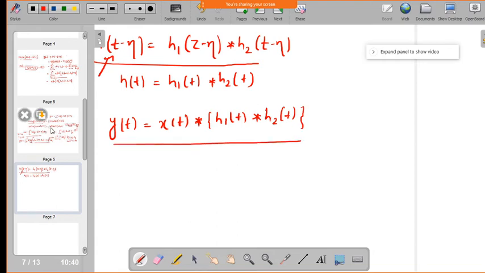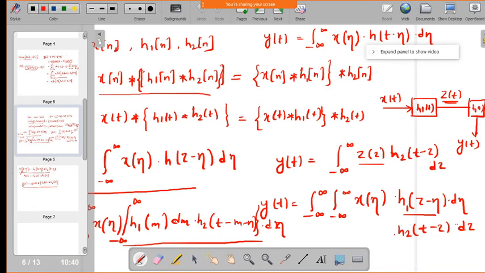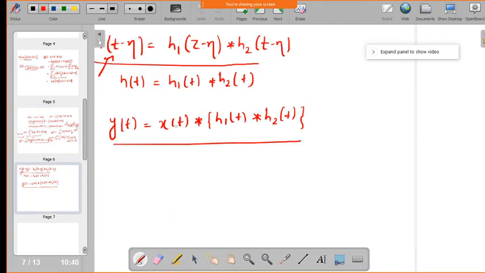First we have the equation for x and the intermediate signal with h1 of t. First we convolve this, then we convolve this. At the output side, what is coming is the convolution of these two, and finally convolved with this. So that is the associative property you are getting.